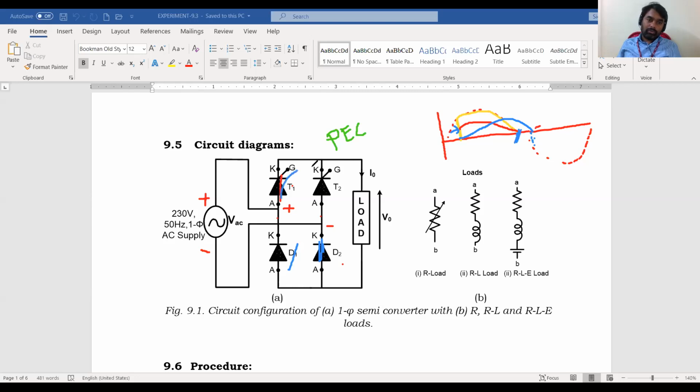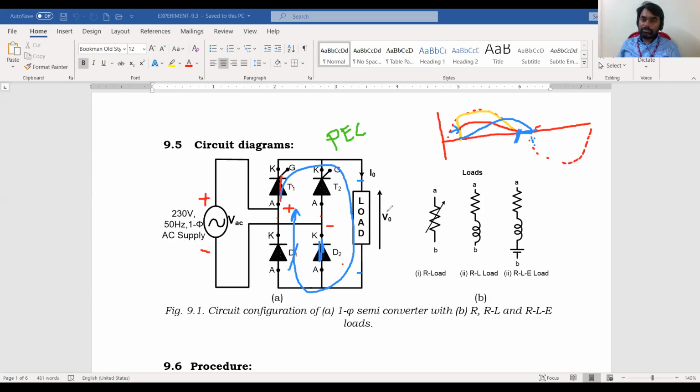So the current will take the path like this. The inductor has some energy stored, and that energy will be circulated to the load resistance. Now there is a closed path, which means the load is short circuited by T1 and D1, so you will get zero voltage during this interval.